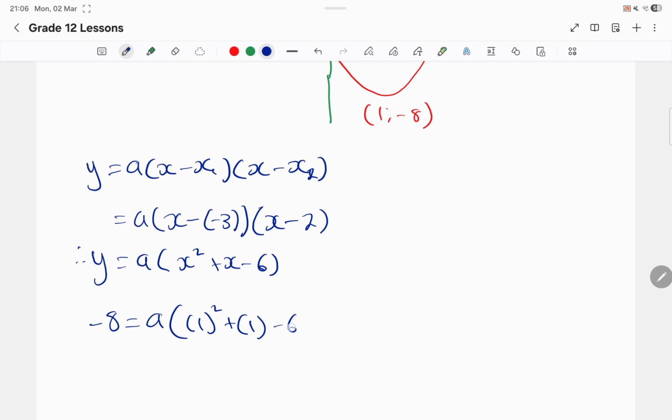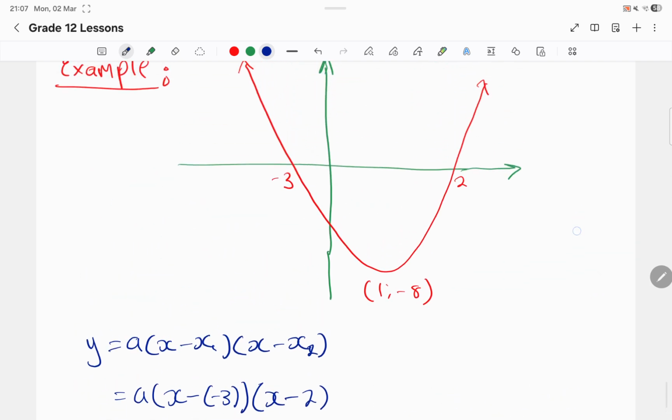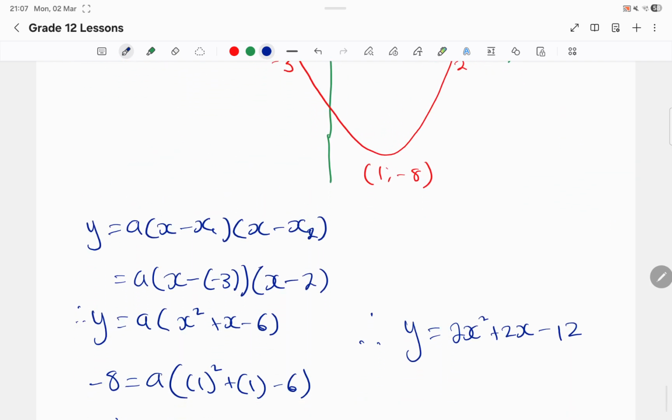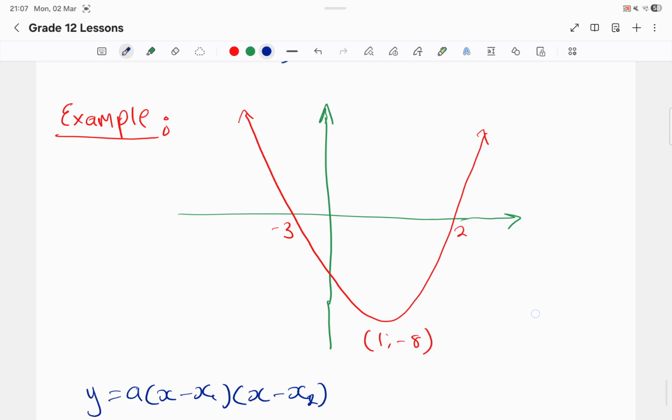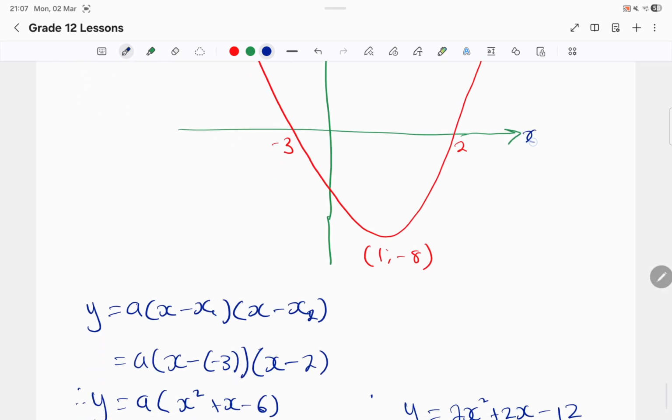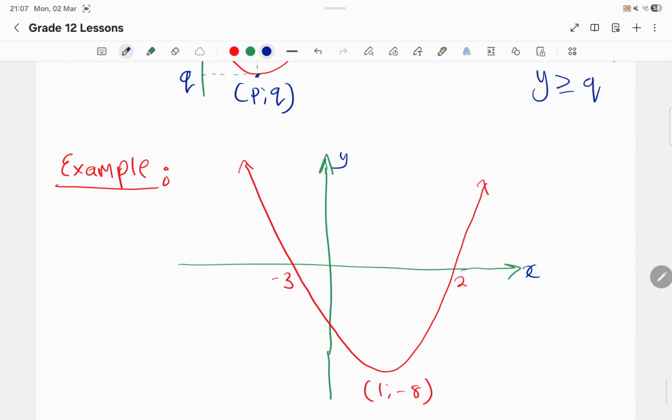When we calculate the value of a, we'll find that a is 2, right? Therefore y equals 2x squared plus 2x minus 12, and there we've got our equation in the form ax squared plus bx plus c, right? Not forgetting that this is x and this is y.